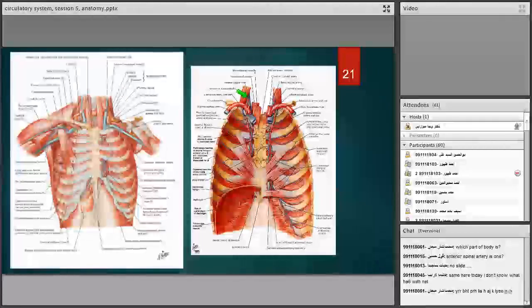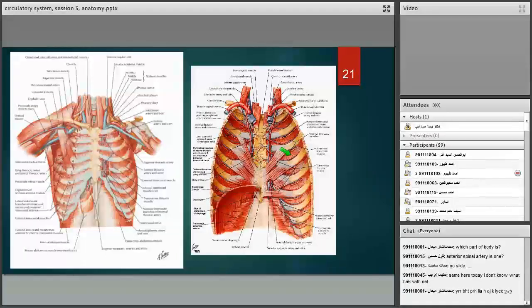Look at here, in this slide also we can see the subclavian artery. This is the anterior wall of the chest. Here we have the subclavian artery, and this is the internal thoracic artery. The internal thoracic is sending anterior intercostal branches to the intercostal spaces, and at last it will send the musculophrenic and superior epigastric.